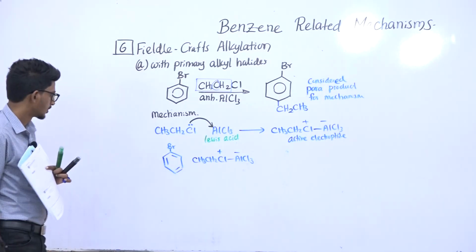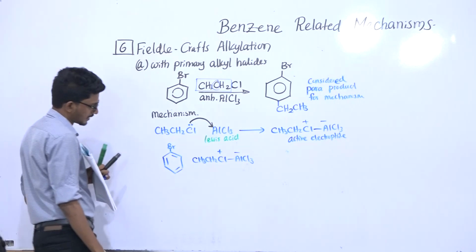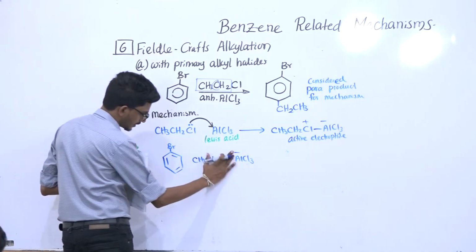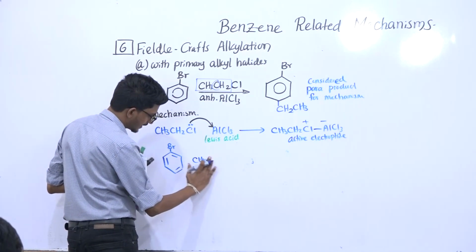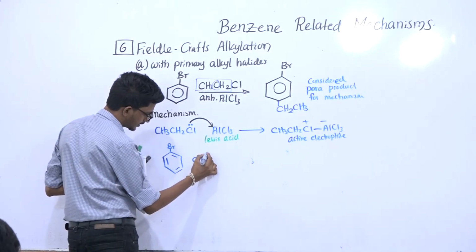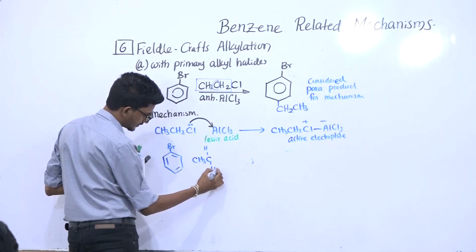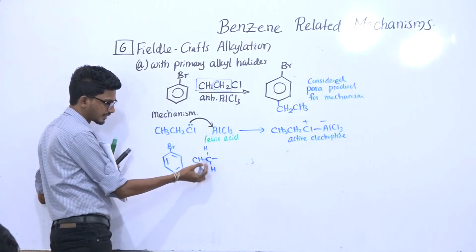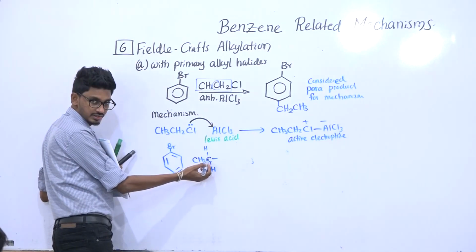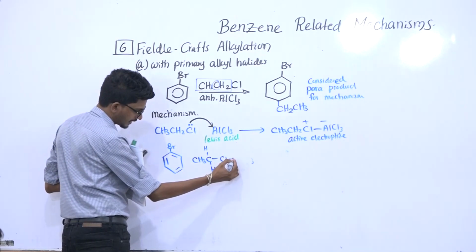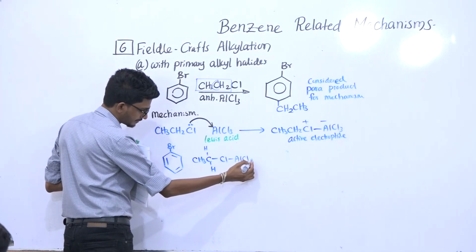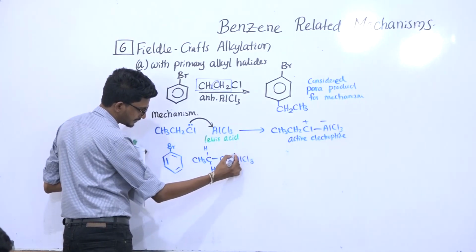So what will happen? Let's write it like this. Just clearly indicate the bonds to break and bonds to form. Keep that in mind. With this atom, some bonds are to be broken. Okay, so just write like this. Then this is very easy.